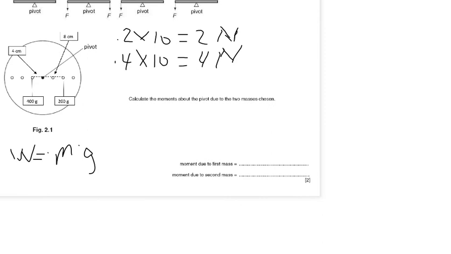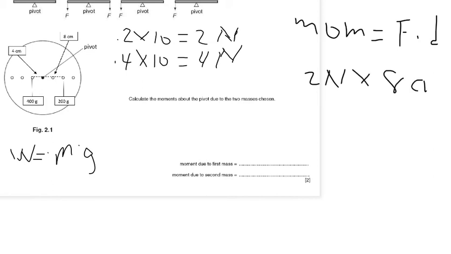So the moment is equal to force times distance. The moment for number one would be 2 newtons times 8 centimeters.